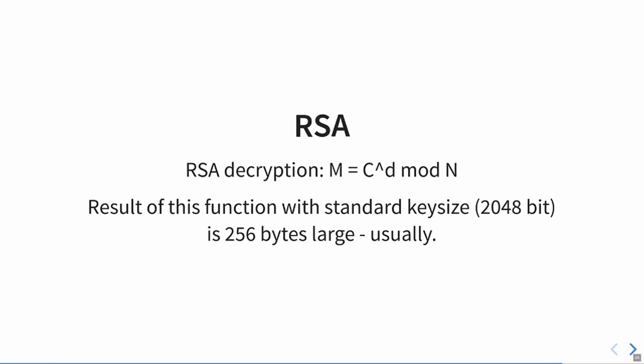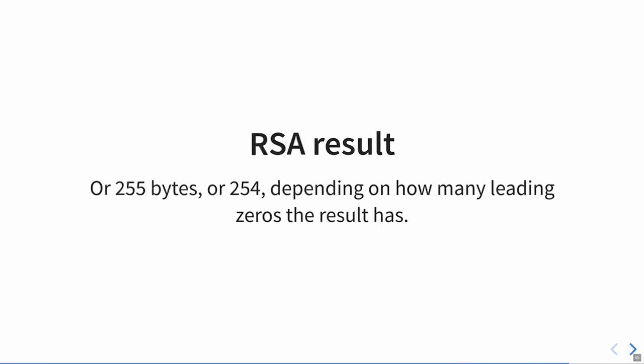And if you look back at RSA, RSA is just some formula where you do some exponentiation and a modulus. And if you have a standard key size, then the result is 256 bytes large, usually. But it may start with a 0, and then it's 255 bytes, or 254 if it starts with 2 zeros.